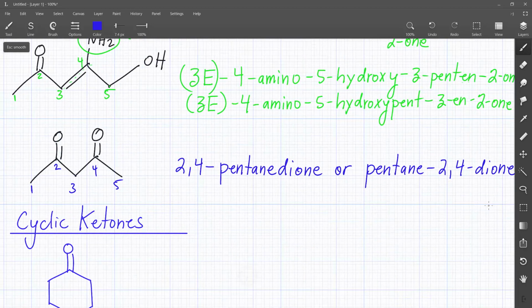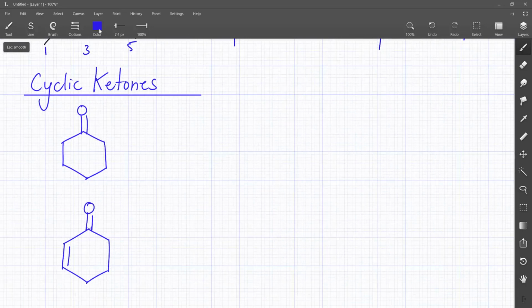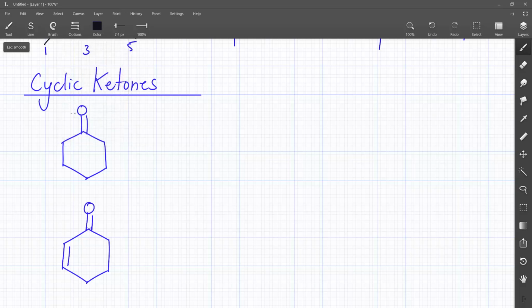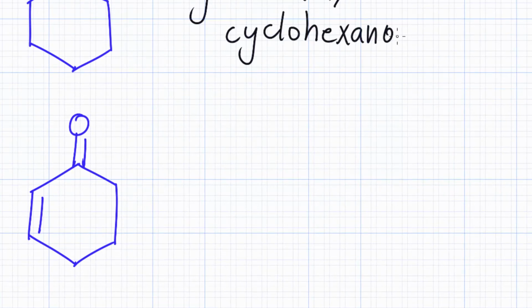Alright. Our cyclic ketones. This is cyclohexane, okay, so that would be cyclohex-one.